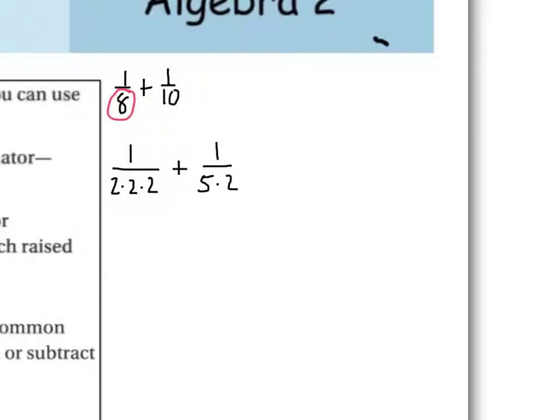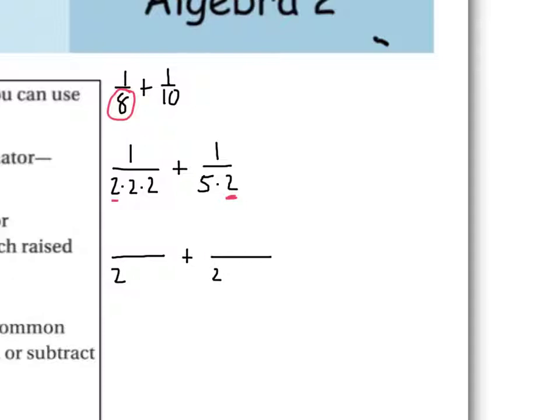Now, for my common denominator, I want my denominator to have the same factors. Looking at what I have the same already, I've got a 2 here and a 2 there. So therefore, my denominator needs to have that 2.